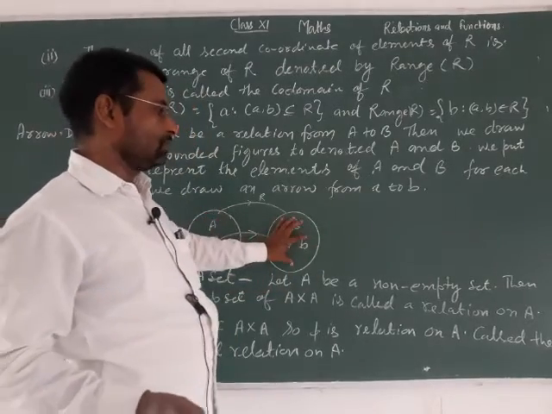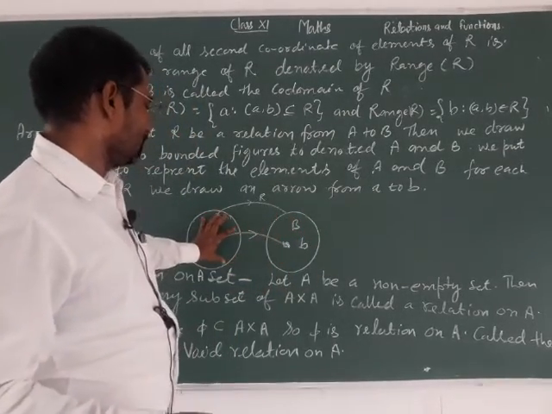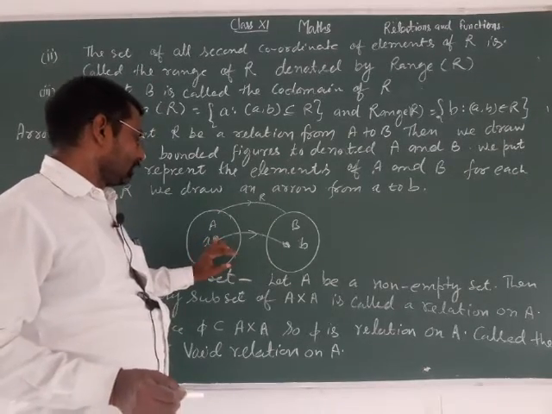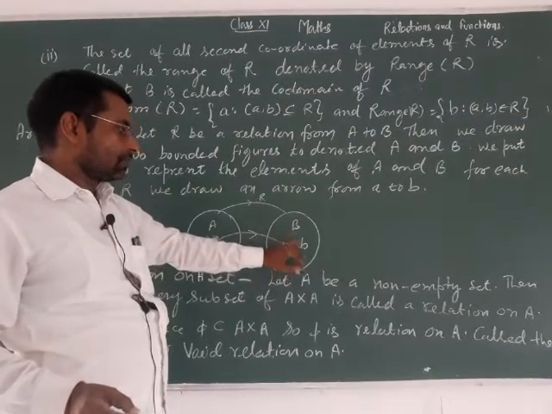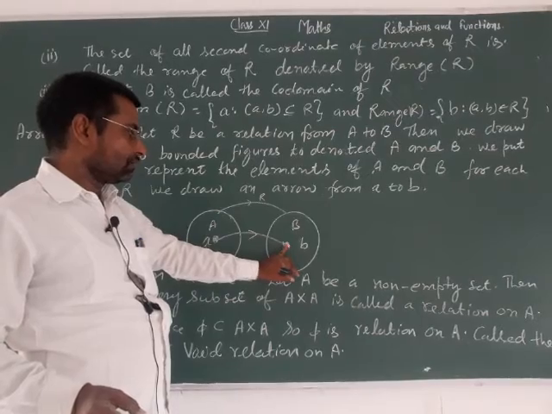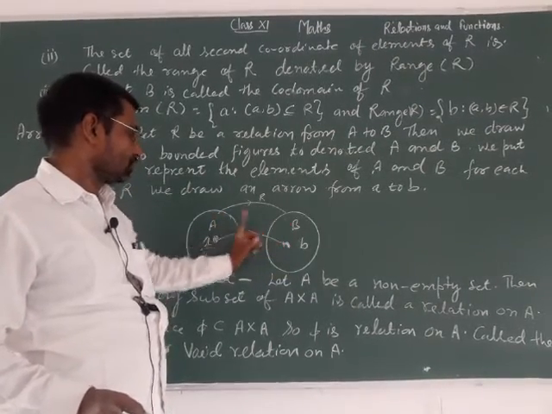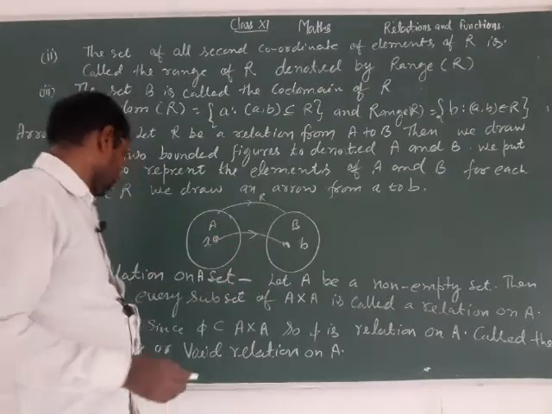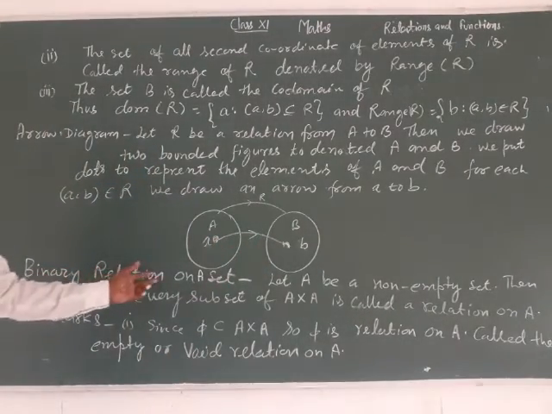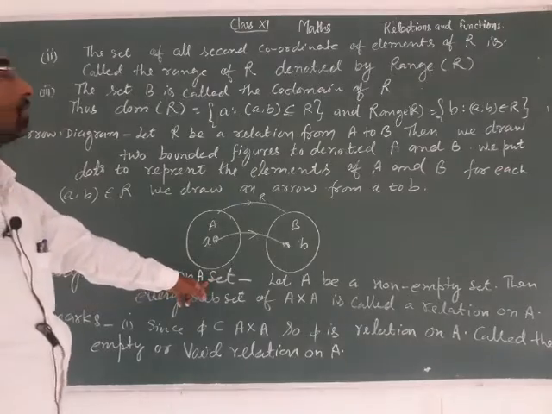Set A and set B are represented in circles, and each element is represented by a dot. So this shows the relation from A to B.